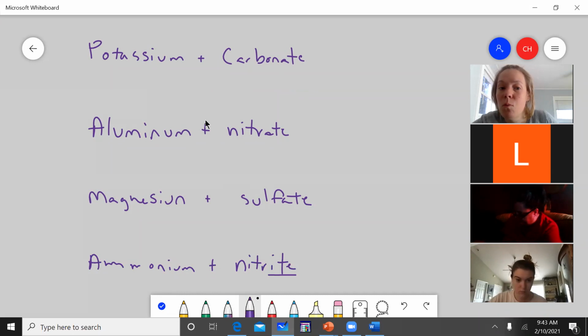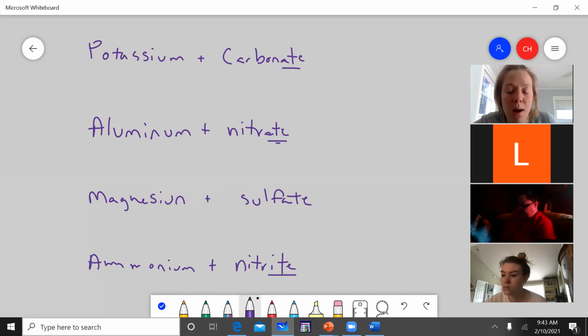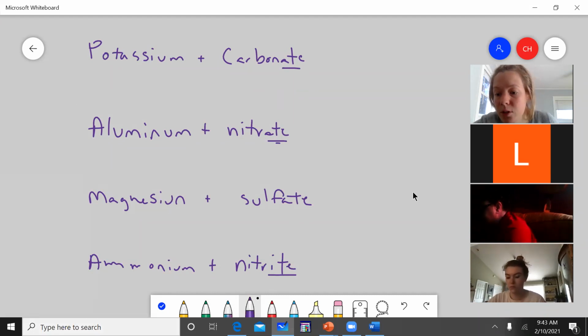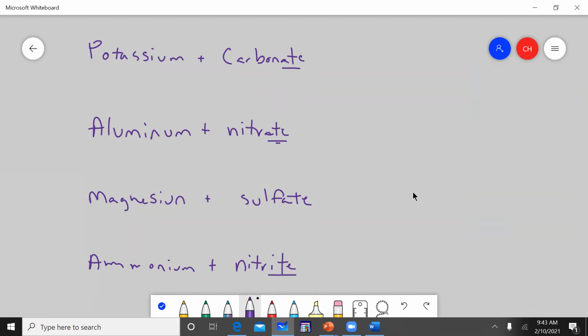One thing to remember, if you're seeing things ending in ATE or ITE, you want to check your polyatomic ion sheet. That's a good indicator that it's a polyatomic ion. So I'll give you a minute per problem, so 4 minutes for that. Obviously, while you're working on it, if you have a question, turn your mute off and I can help you out, or throw it in the chat and I can address it.